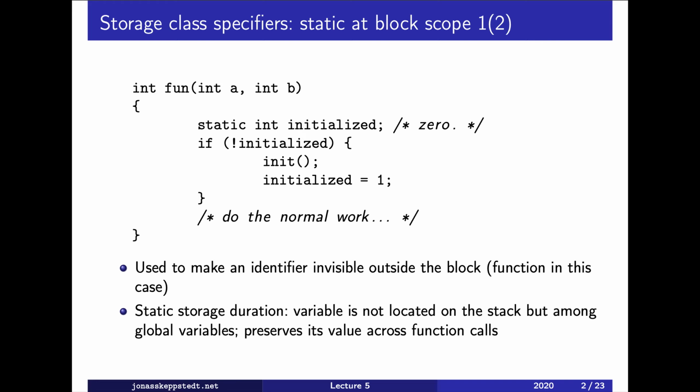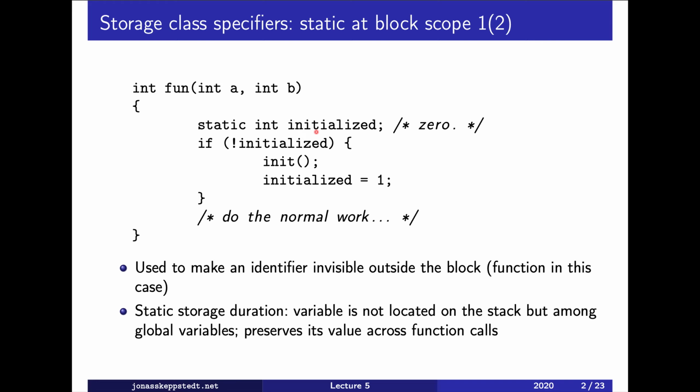If we use static with a variable inside a block, then as always that variable is visible within that block or nested blocks. But what is also important is that this variable will have a lifetime from the beginning of the program until the end of the program, and it will have a fixed memory location.